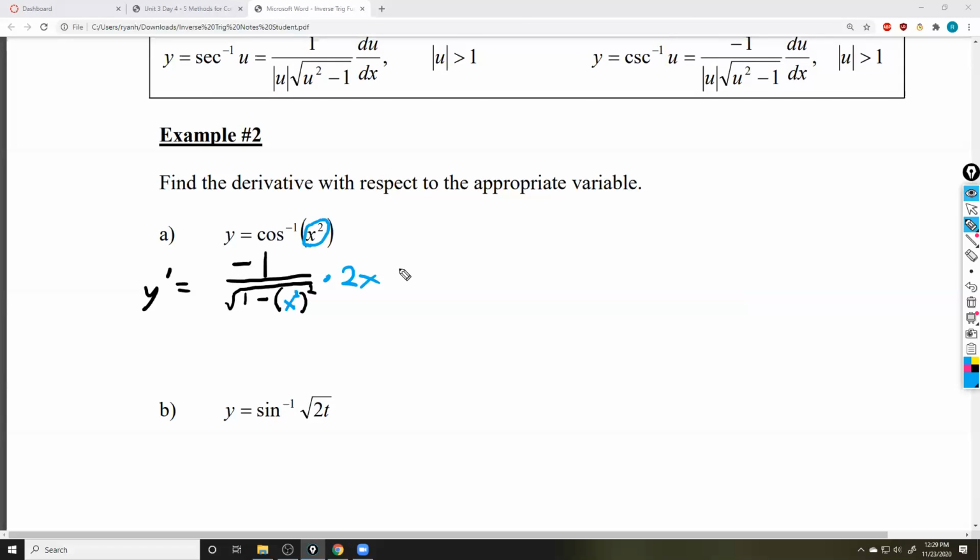So if I'm doing a little bit of rewriting here, that's going to be -2x over the square root of 1 minus x squared squared, which is x to the 4th.